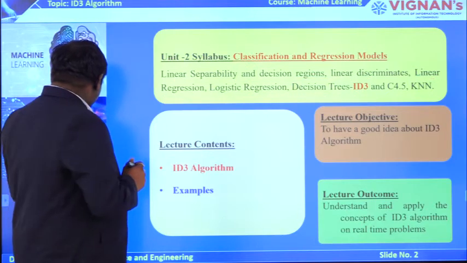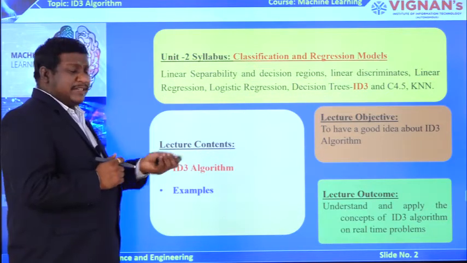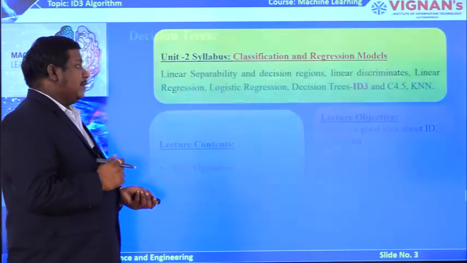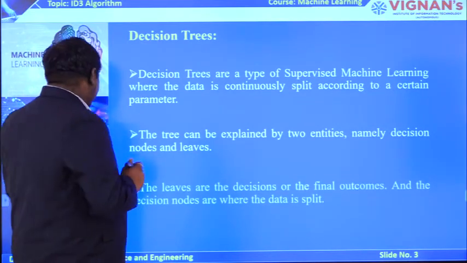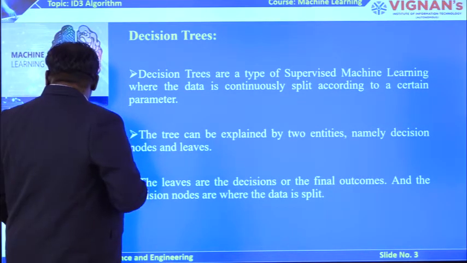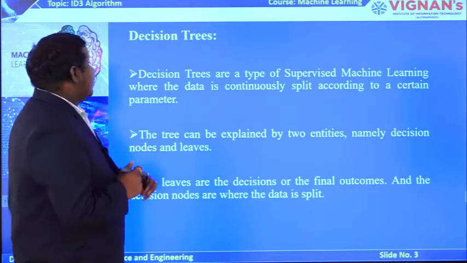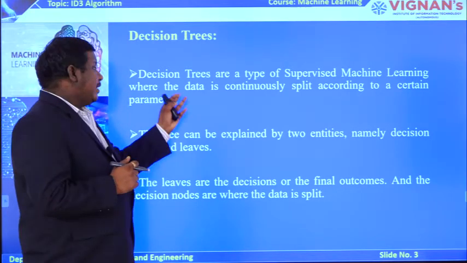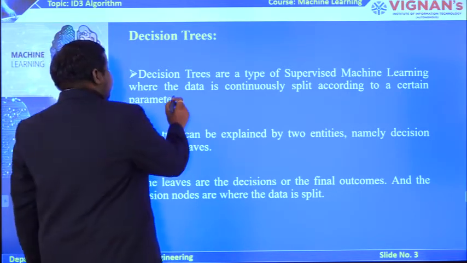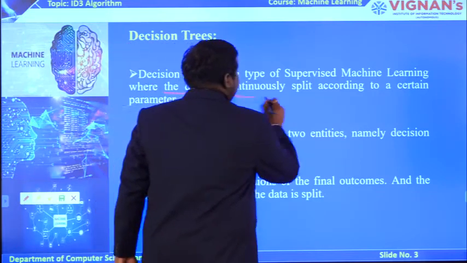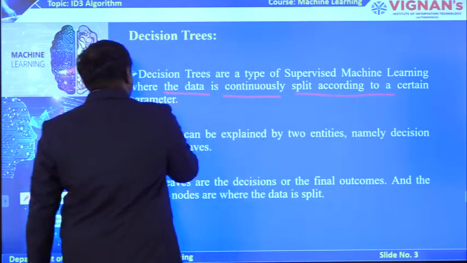So let us see what decision trees are, and then we will go to the ID3 algorithm in detail. As I told you in the previous lecture, decision trees come under supervised machine learning models, and the important thing is that data is continuously split according to a certain parameter.